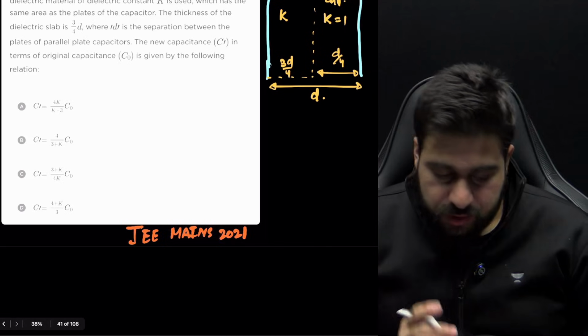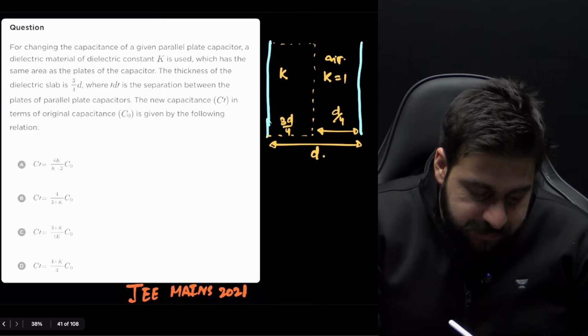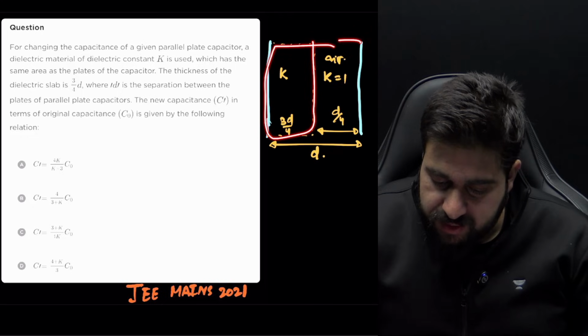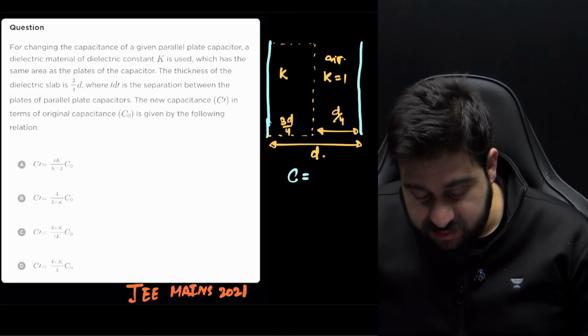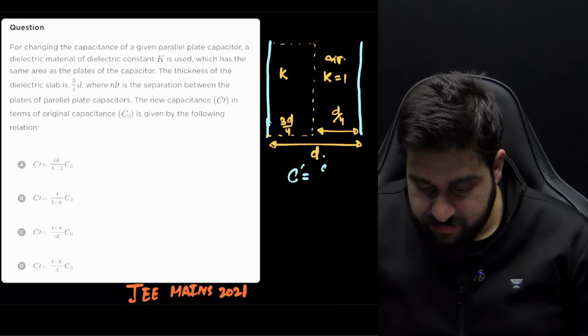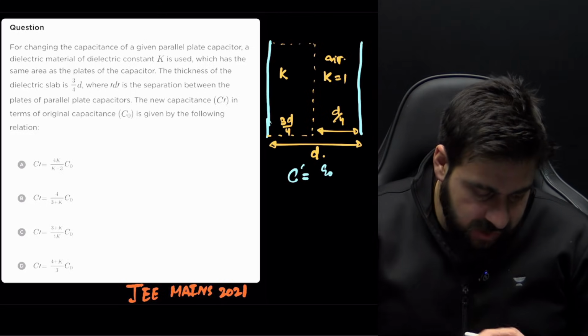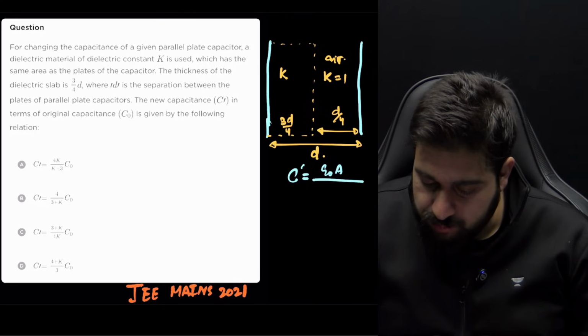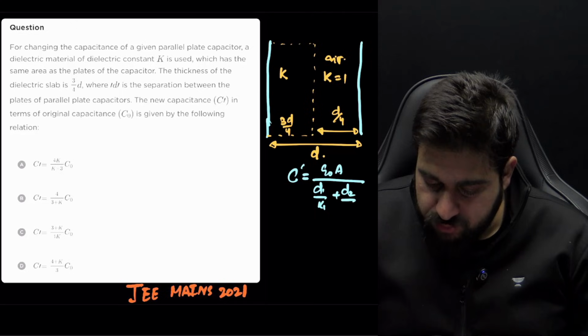You'll be using this formula. Consider these are the two slabs placed between the two plates. So C dash will be epsilon naught A upon D1 by K1 plus D2 by K2.